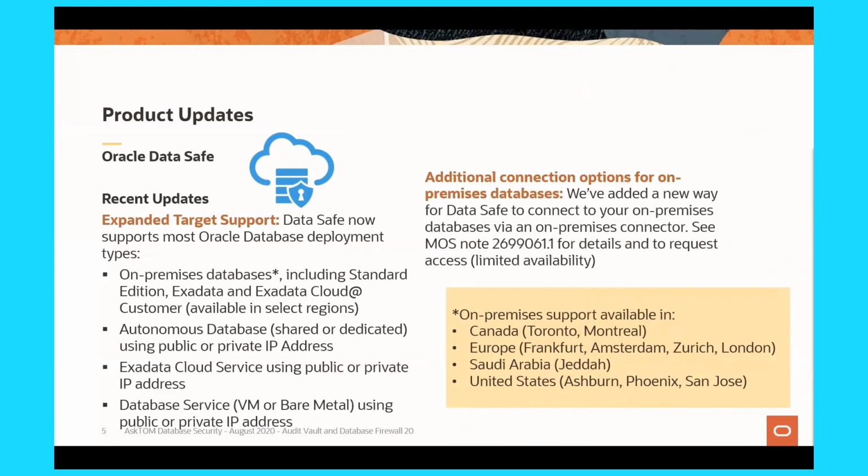The limited availability option, the one that just kicked off this week, is using the on-premises connector. On-premises support is in most of the data centers for Europe, Middle East, Asia, Africa, and of course, North America, including both US and Canada.